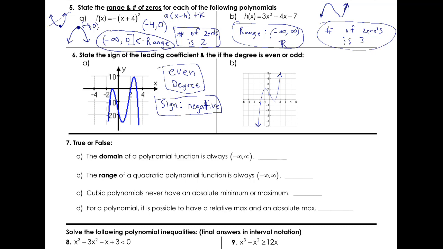Let's look at this one. This one we have a down, up, which we know all odds start with a left side down, right side down. So we know the sign is just positive.